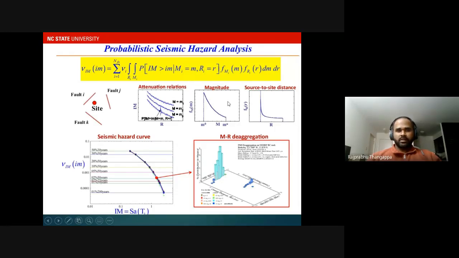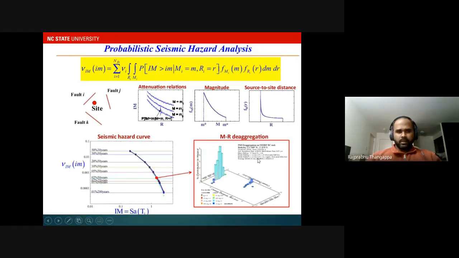And the recurrence laws of magnitude and source distance give the probability density function of the magnitude and rupture distances, which are used to calculate these two functions. This is repeated for the existing fault lines across a particular site, and this results in a site-specific seismic hazard curve for a chosen intensity measure.